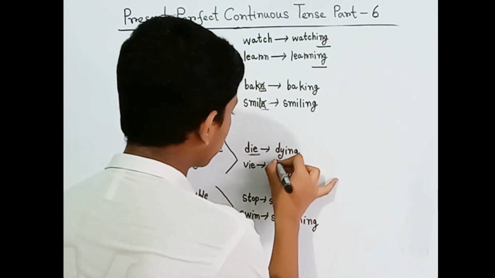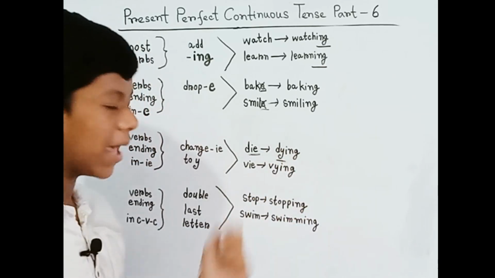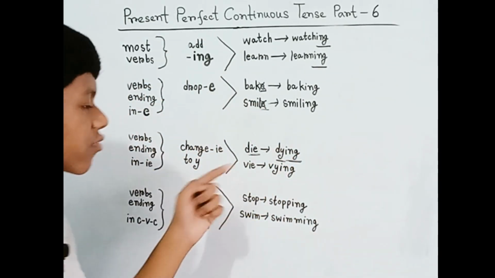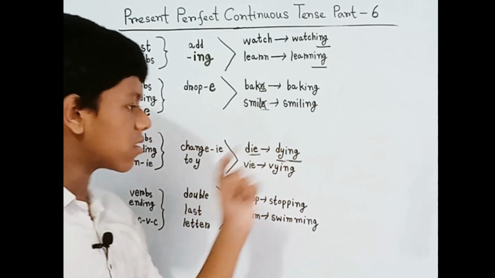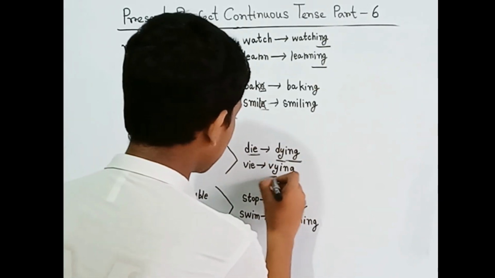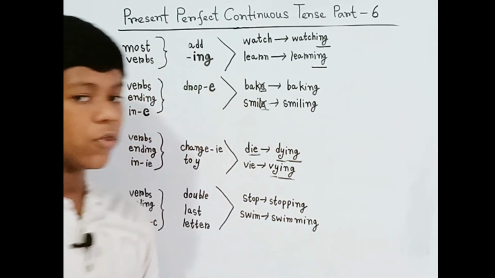Here we have already put the Y, and then we have added the ing. Same case here: die becomes dying, vie becomes vying. I hope you have got it.